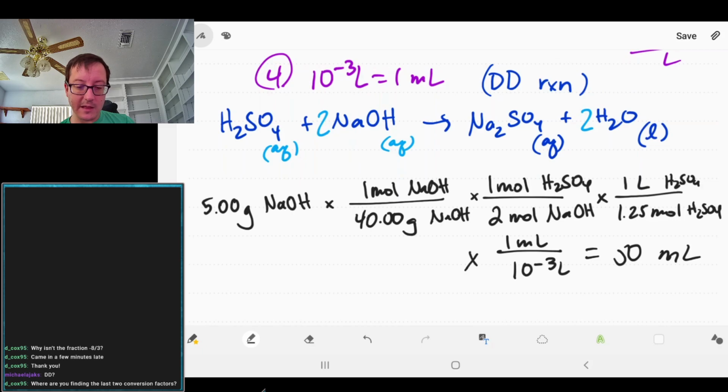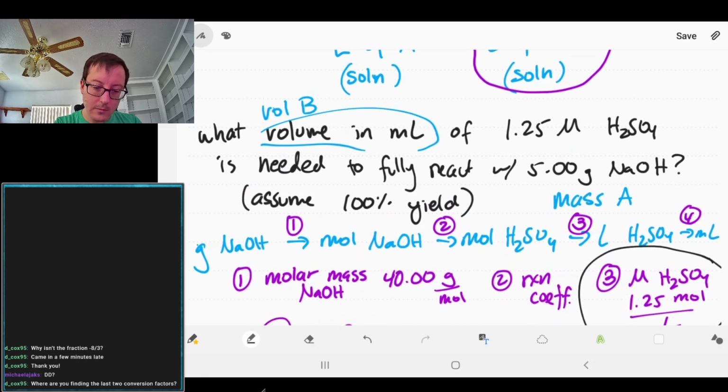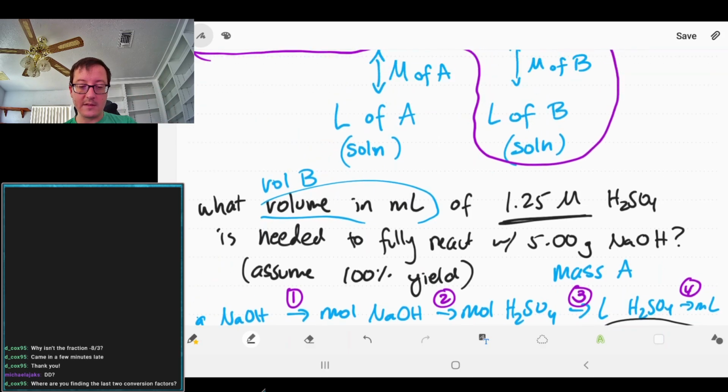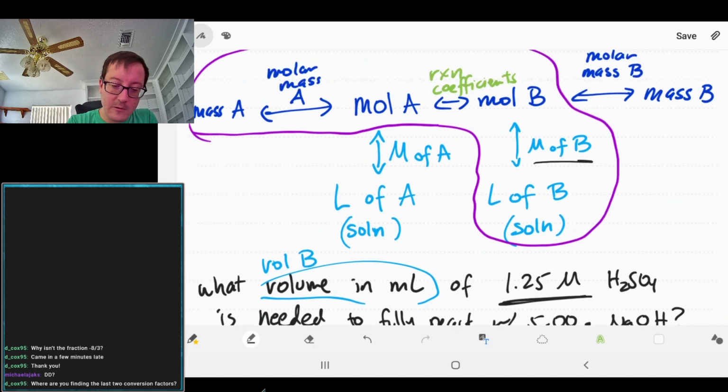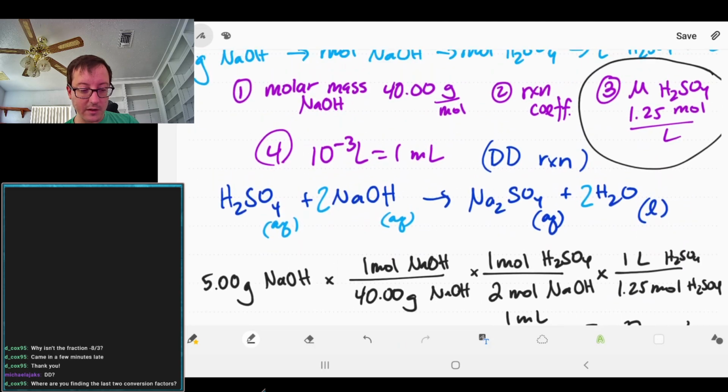Where am I finding the last two conversion factors? This one is given in the problem. That's this number here. Remember that molarity is our conversion between moles and liters. That's the conversion factor right here. We're going between moles of B and liters of B. The last conversion factor is definitely something we should know. That's just a metric prefix.